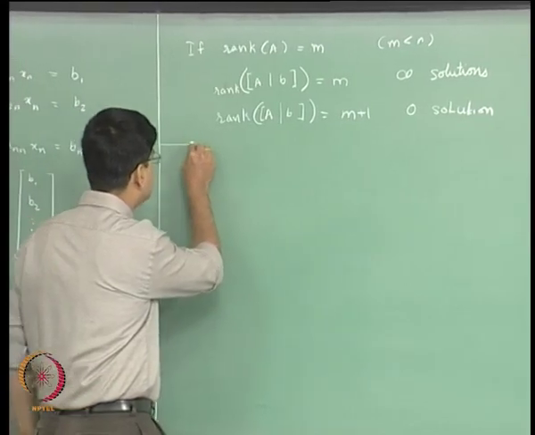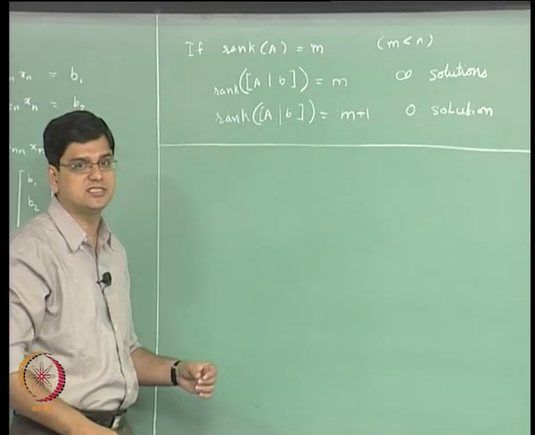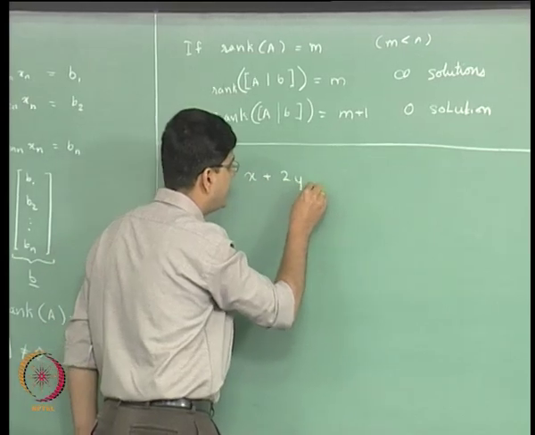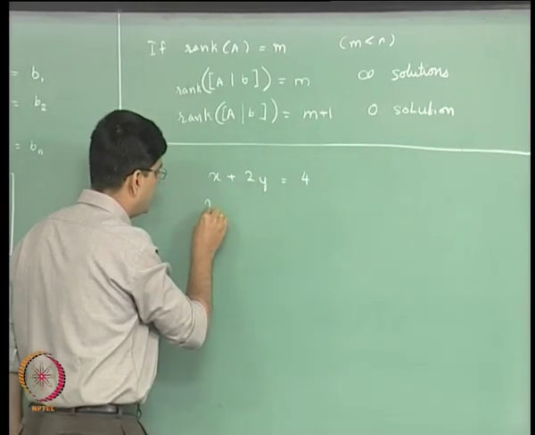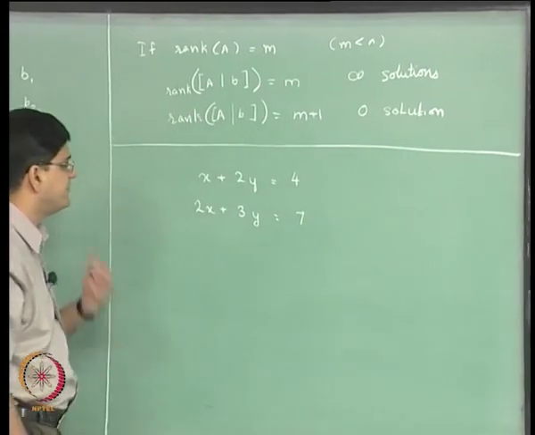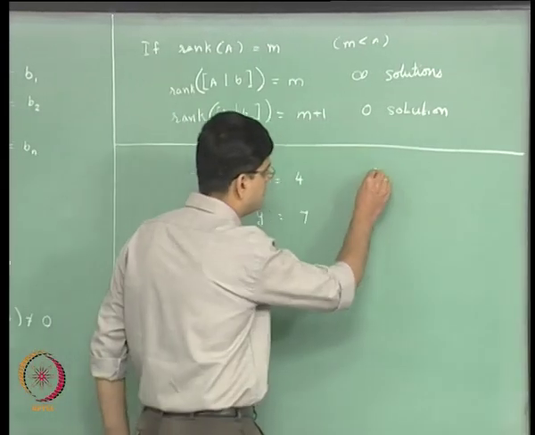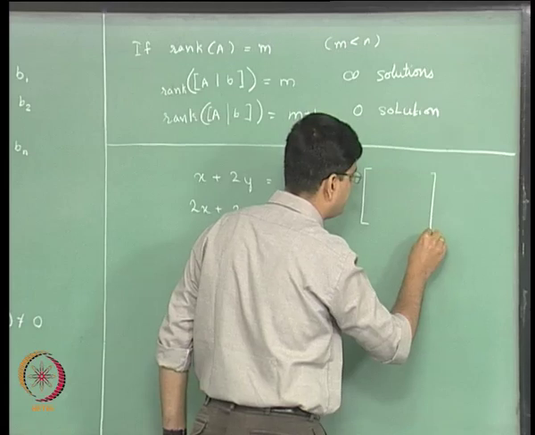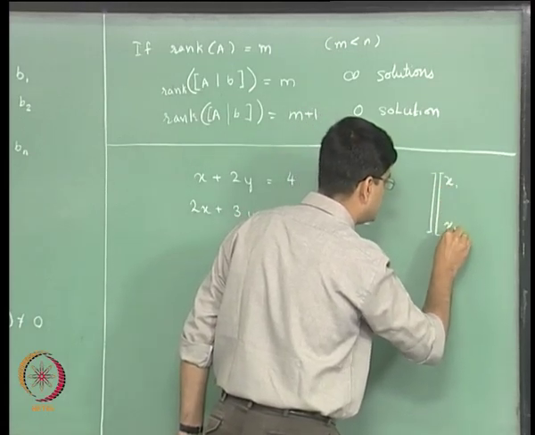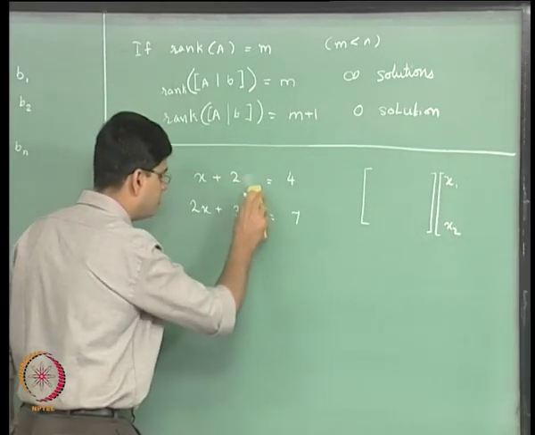So the 2-dimensional example that we took in pretty much the last minute of the previous lecture was x plus 2y equal to 4 and 2x plus 3y equal to 7. Okay, and for this particular example, I will write the matrix notation with x1 and x2, just to make it more consistent with the notations we are going to use later.